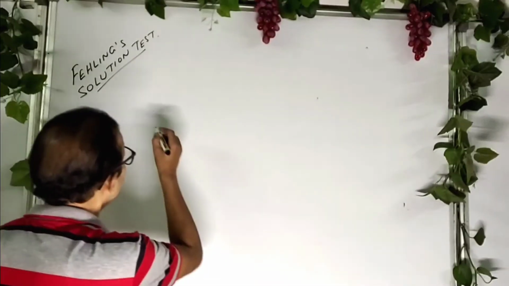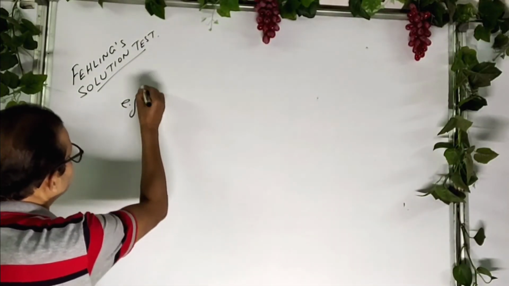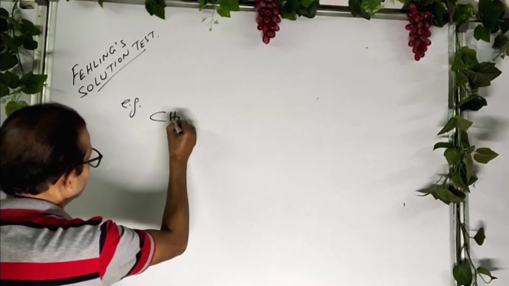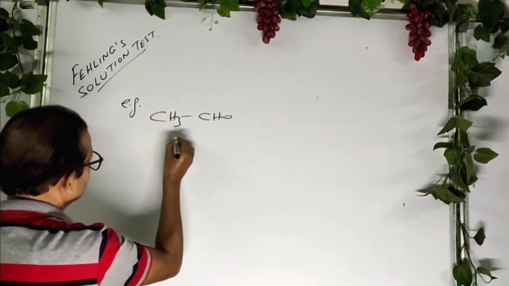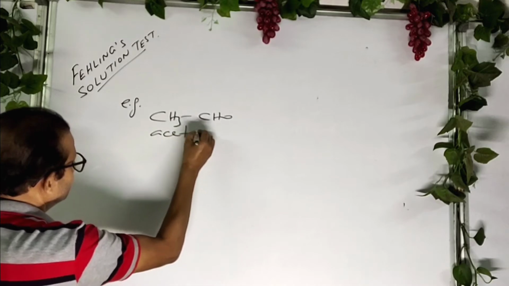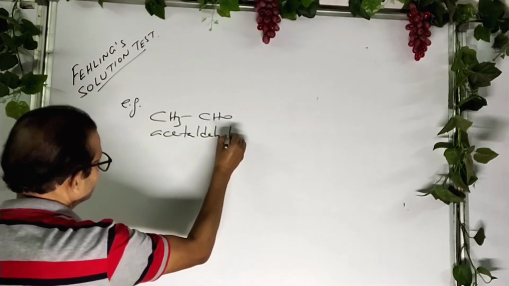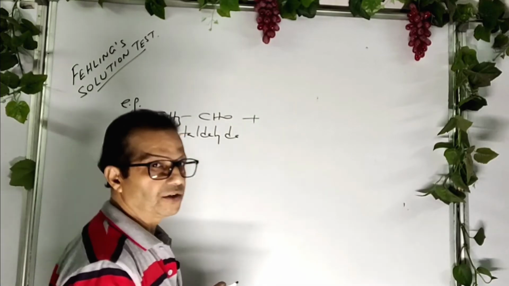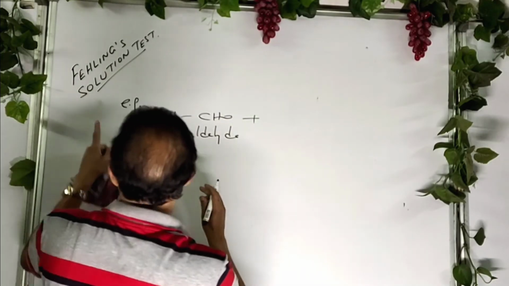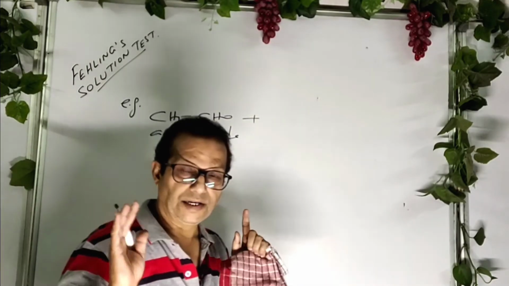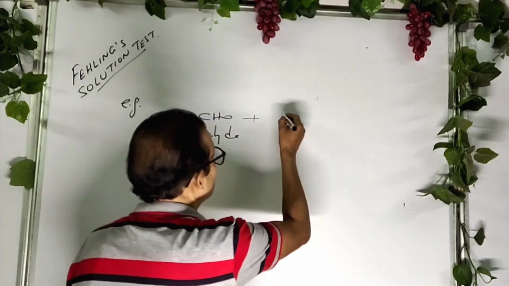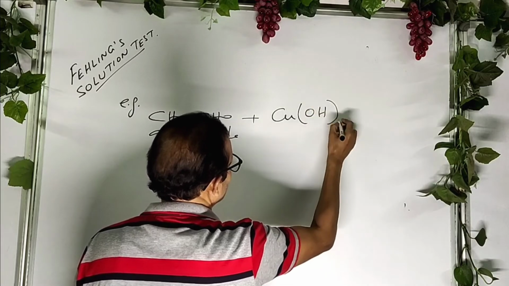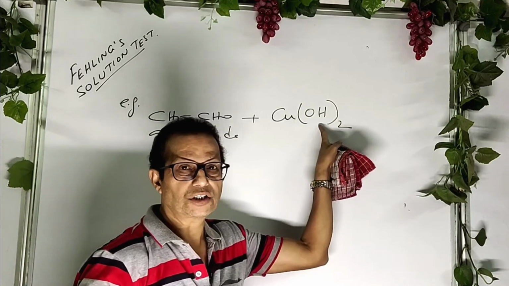So for example, acetaldehyde when it reacts with Fehling solution, it gives copper hydroxide.